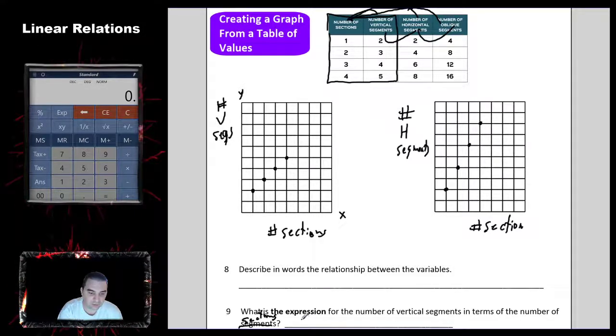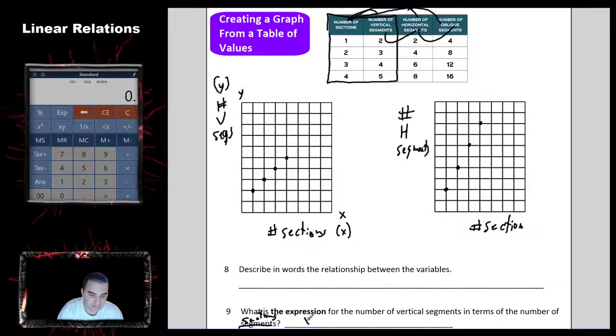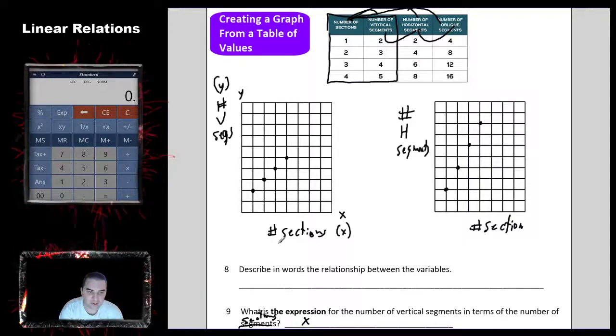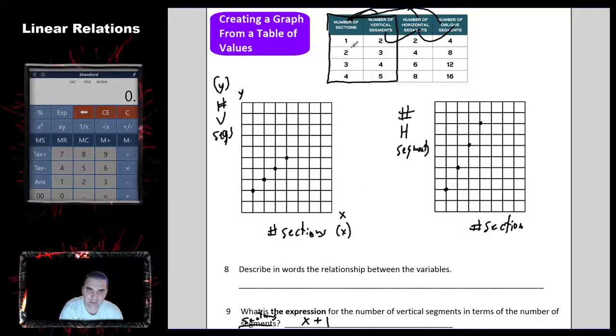So what I could really say is, I'm going to call this, okay, so this is my x variable, and this is my y variable. So my number of sections is x, all right, and then it's basically just x plus 1, because it starts off with an extra 1 at the beginning.